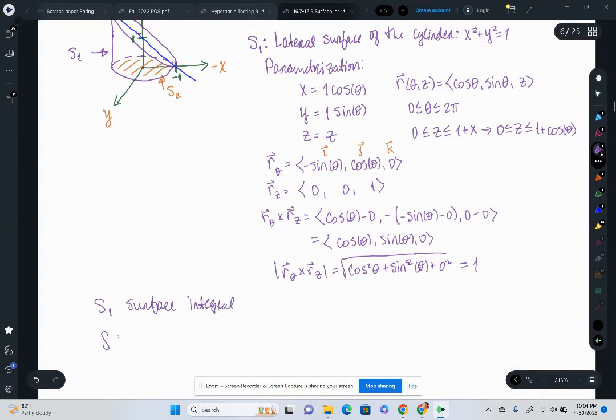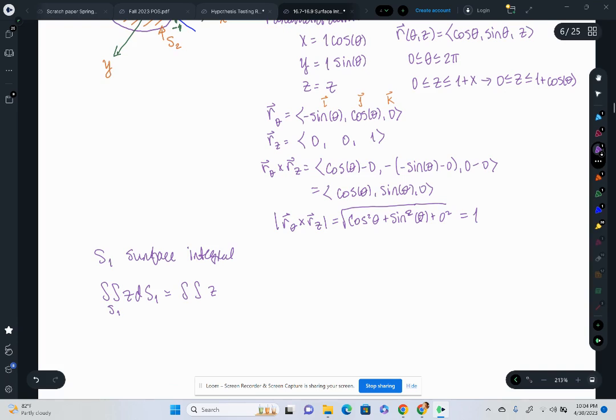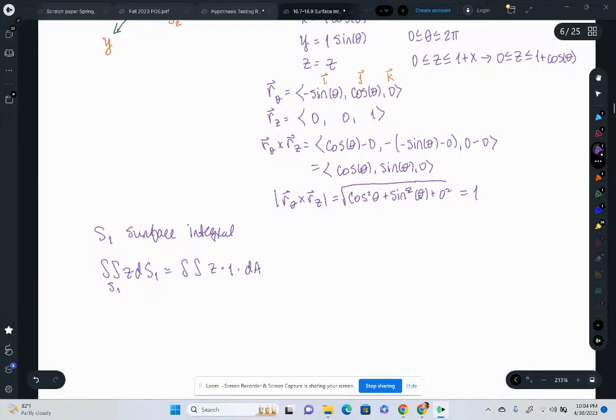We're looking at the double integral over S1 of z dS1, which is going to equal the double integral. z can stay z, that's what it is, times the dS. dS1 is going to be 1 dA. And then we are going to be switching over to the bounds that we have.